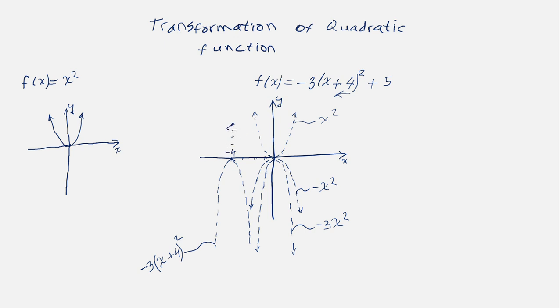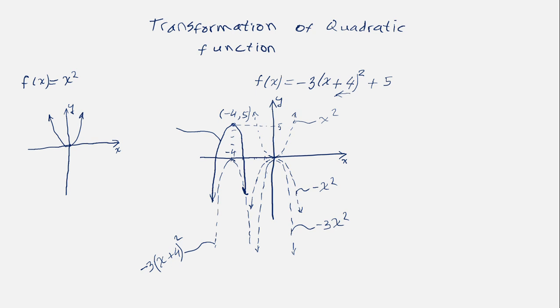Again, it's going to be facing down, and it's going to be narrower than the parent function. So now this is our final look and final position. Since it moved 5 units up, this is 5, so we should be able to see that the coordinate of the vertex right now is (-4, 5).